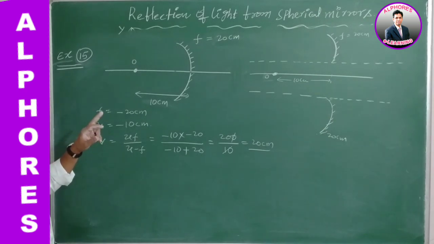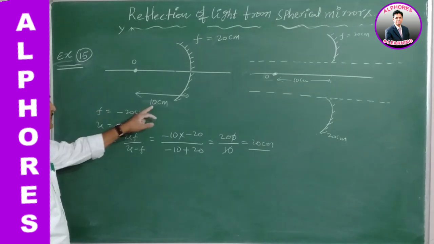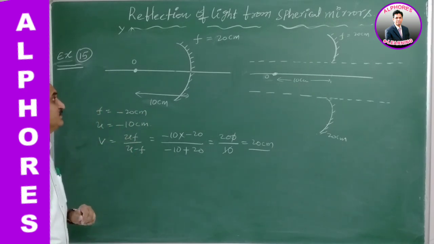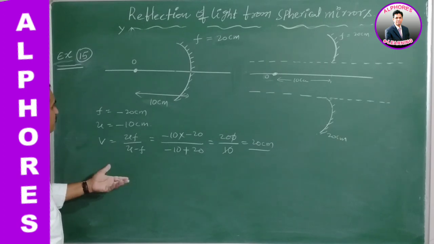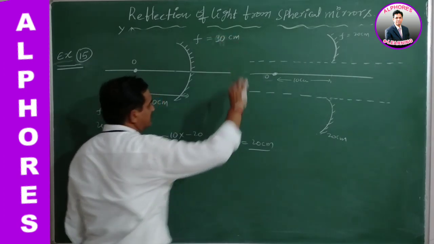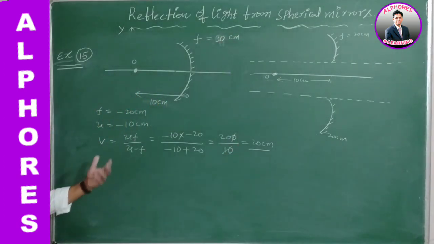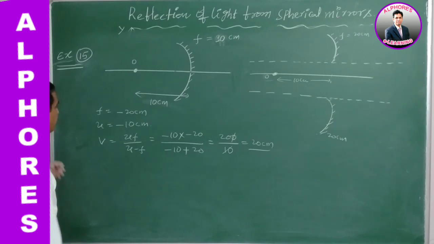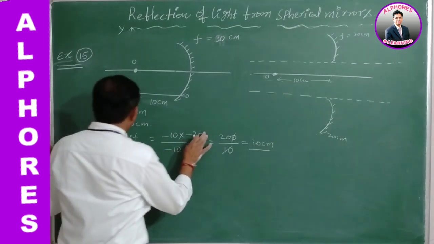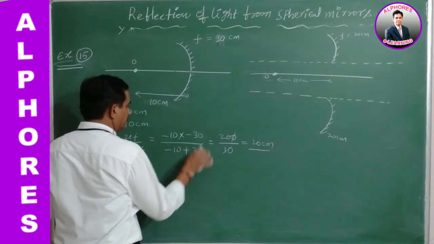So the object distance is 10 centimeters and the focal length is 20 centimeters. So in order to understand properly, do one thing. Here let us take 30 centimeters, better to understand. Afterwards we will change to any value. Now it is 30. So here the length is 30.